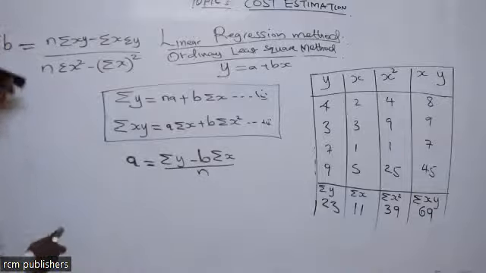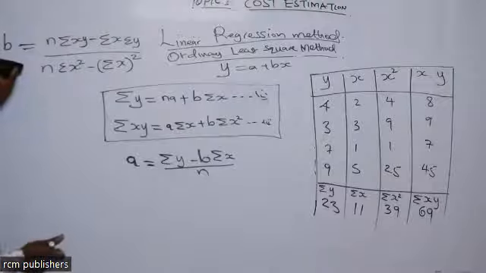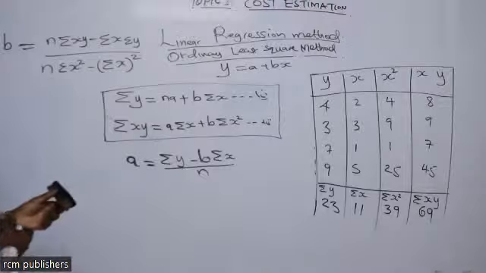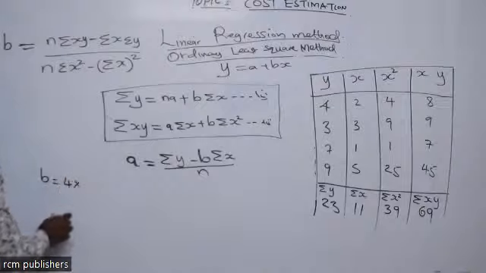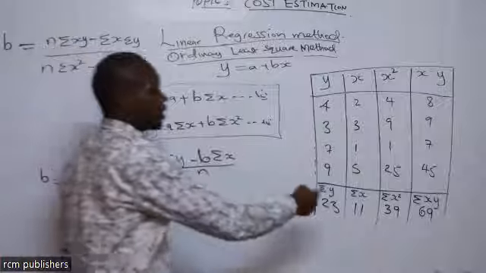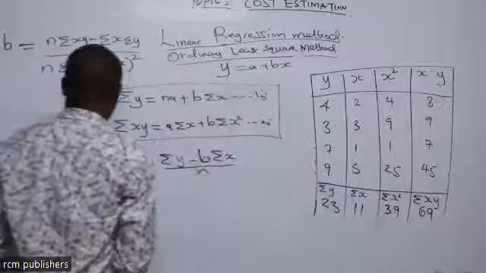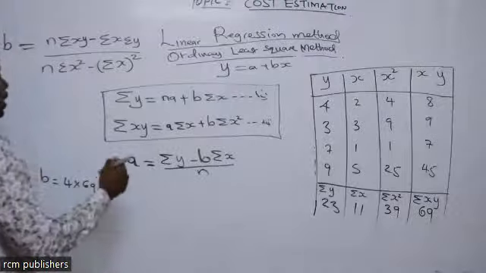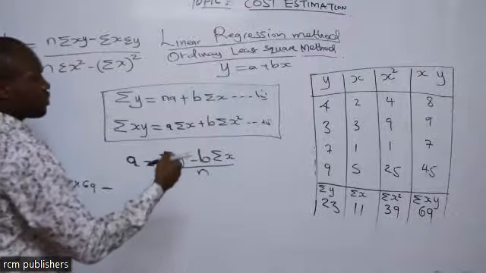Okay, so let's now proceed. Let's extract B from that particular data set. Our B is equivalent to n, which is 4, multiplied by summation of xy. Summation of xy is what we have in this particular column. That is 69. Then minus summation of x times summation of y.